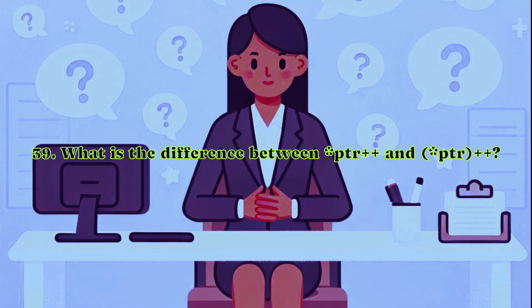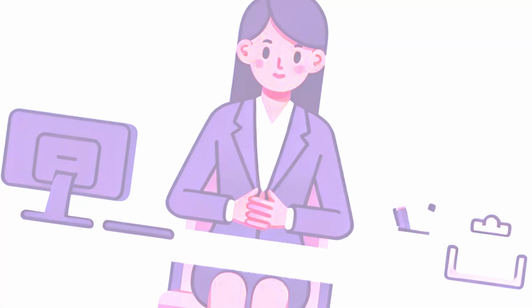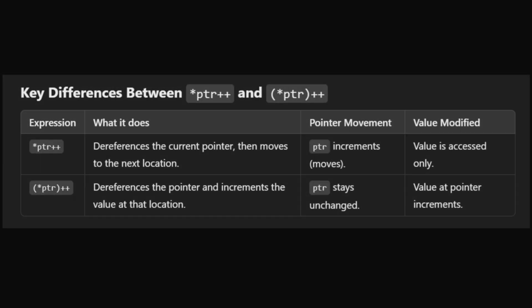39. What is the difference between *ptr++ and (*ptr)++? The difference lies in operator precedence and how the pointer ptr and the dereferencing operator asterisk interact. *ptr++ increments the pointer, not the value it points to.